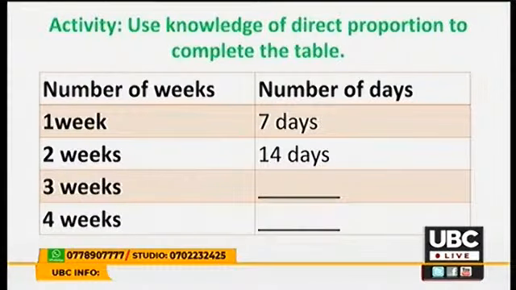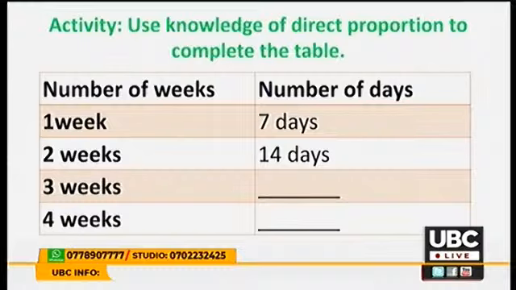Look at the screen. There is an activity for you. Very, very familiar. We have number of weeks, number of days. So I want you to use the knowledge of direct proportion to complete the table. So we have 1 week, 7 days, 2 weeks, 14 days.